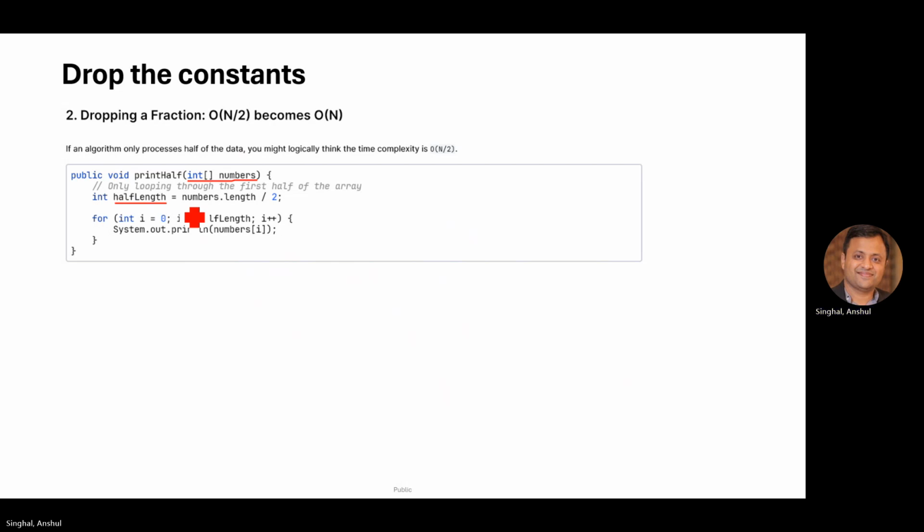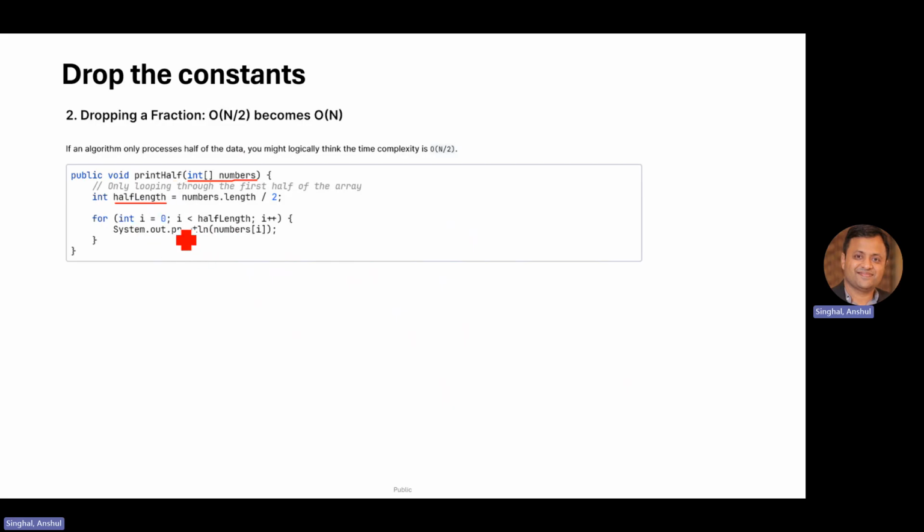Roughly, if my size is 50, then I'm going till 25. If my size is 100, my half length will be 50, like that, right?